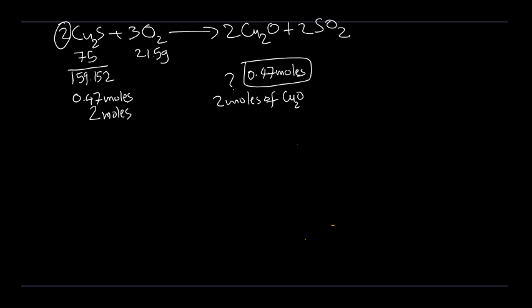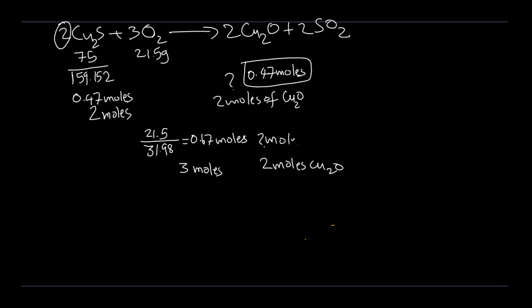And now I will see how many moles will form from oxygen. So 21.5 is the mass of oxygen divided by the molar mass of oxygen, 31.98, that equals 0.67 moles. And now from the balanced equation I have 3 moles of oxygen that gives 2 moles of copper 1 oxide. So how many moles will form from 0.67? What I will do is just cross multiply.